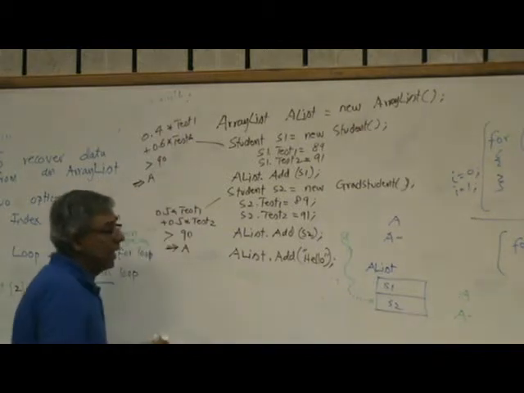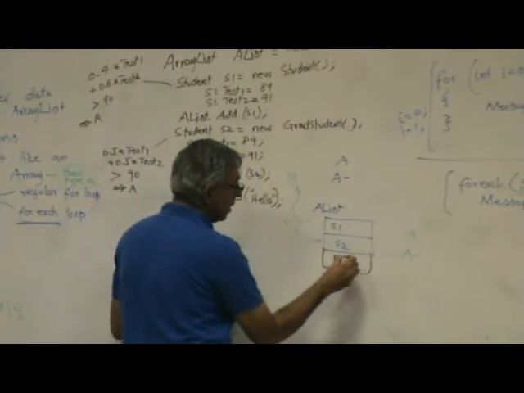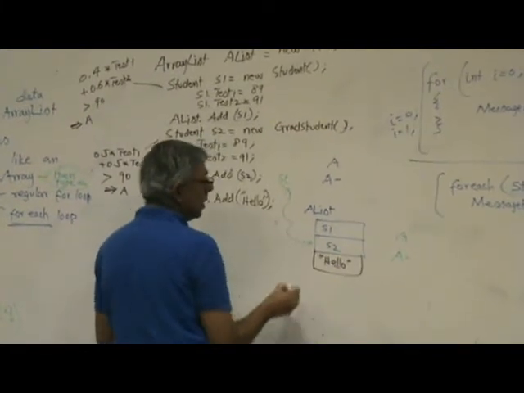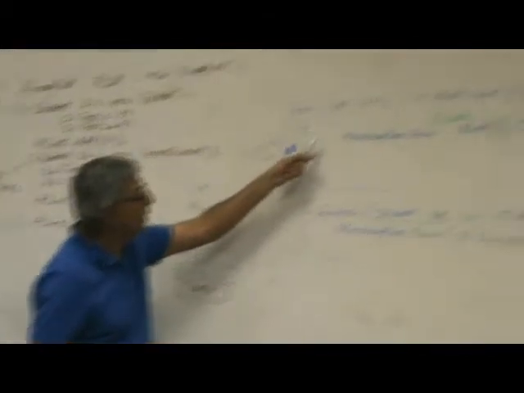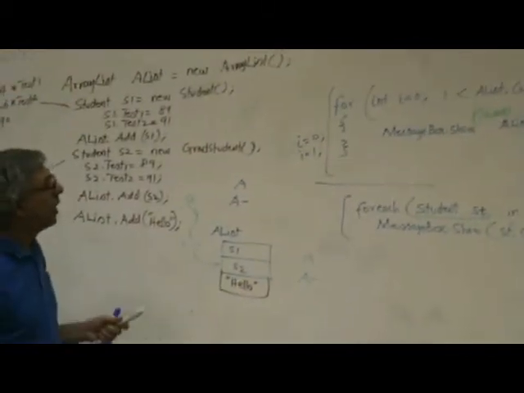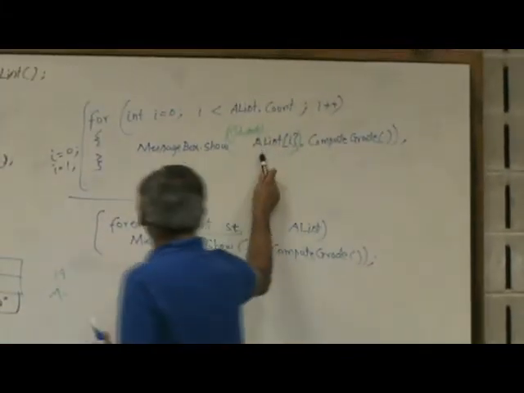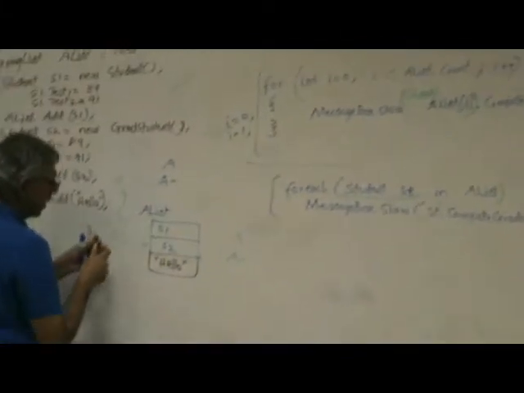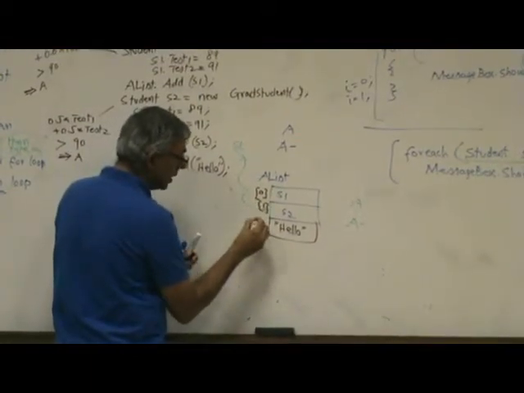Let's take a look at what will happen in both situations. So now, let's go to this part over here. Very first time through this loop, it will go to a list of 0, right? This is index 0, this is index 1, this is index 2, correct?